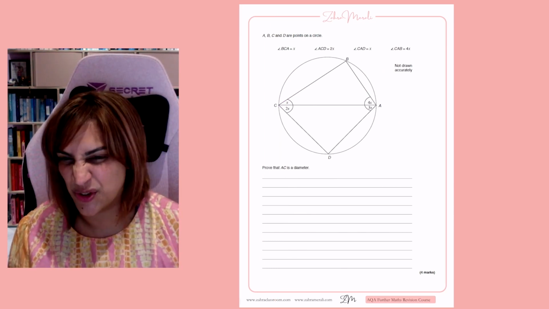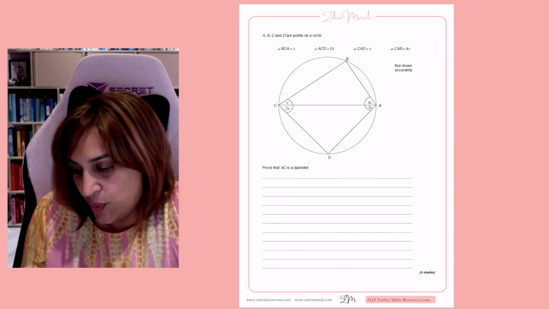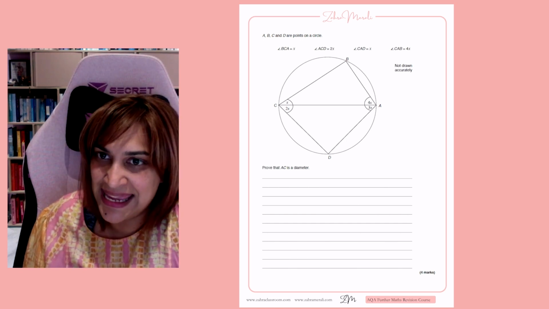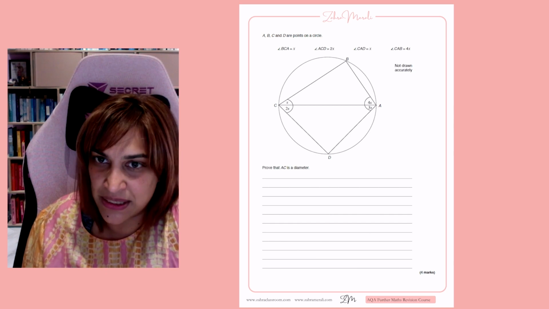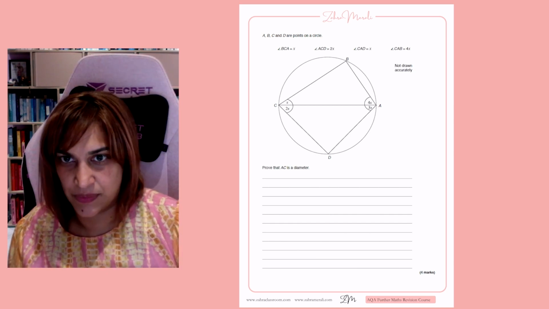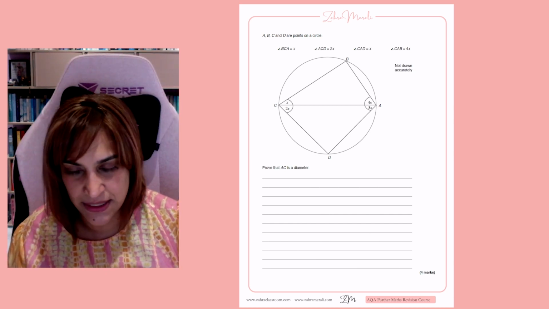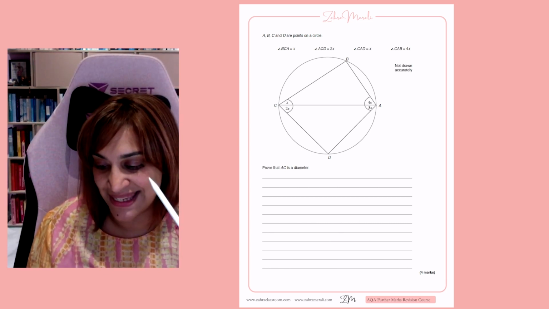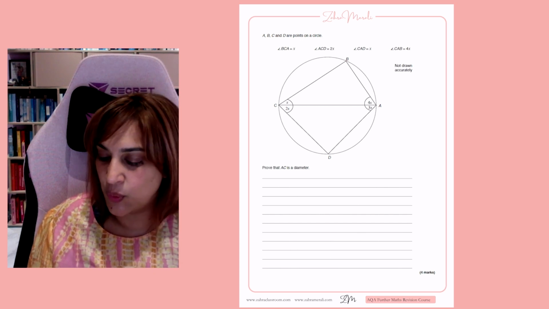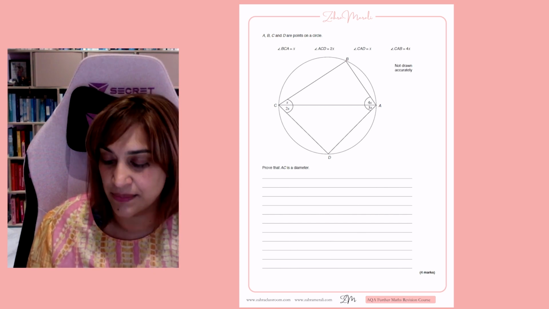Okay, so now we've got our proof question. We want to prove that AC is a diameter of this circle. Now if it is a diameter, then we would know that ABC is 90 degrees, but we can't assume that.